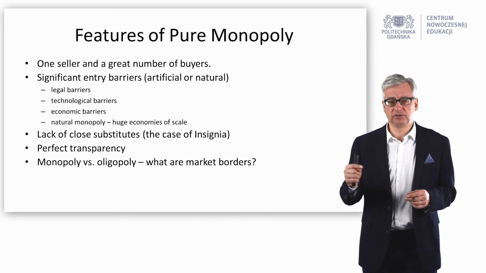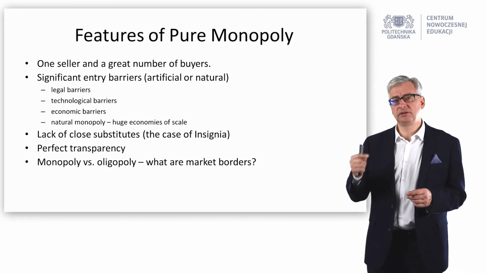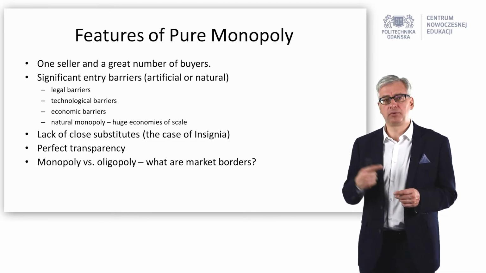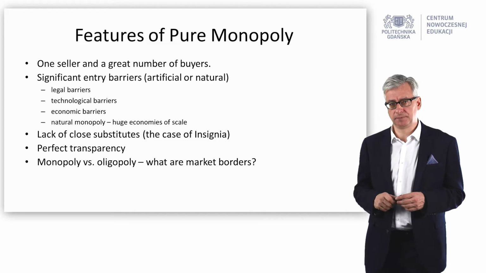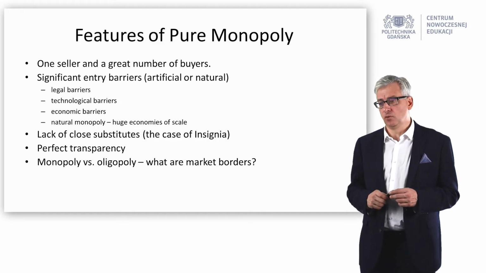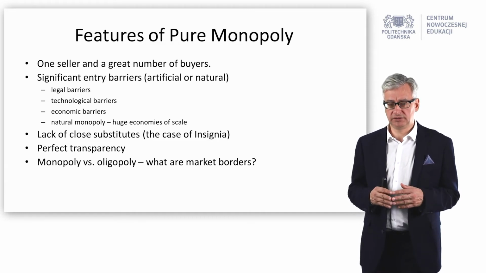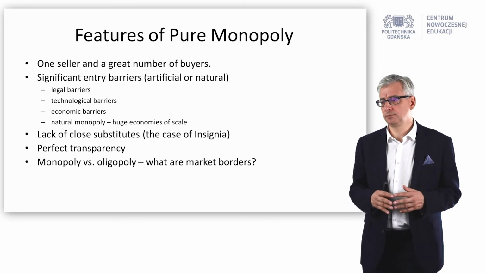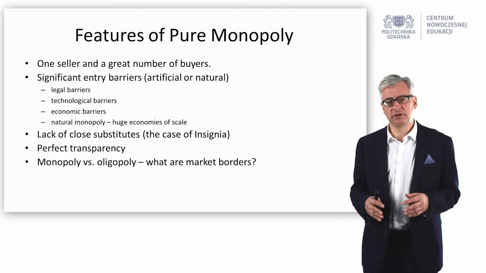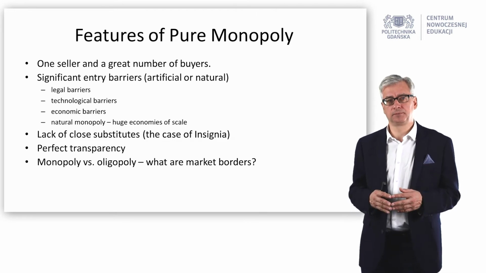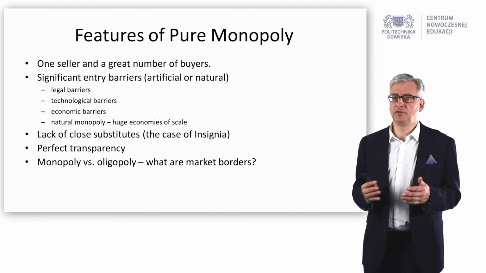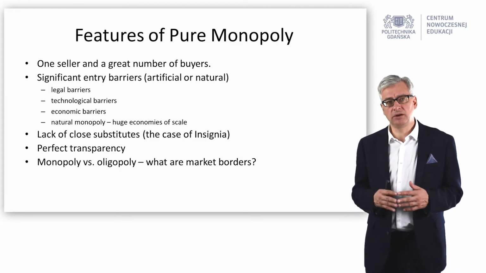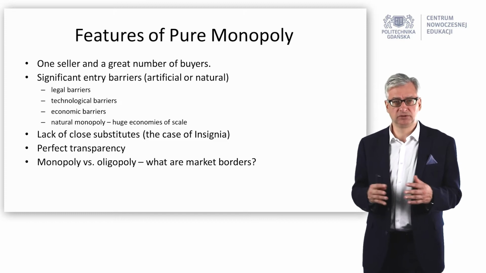So if, for instance, there is one national train company and they operate all the trains in the country, when you look at railway transportation, this company would be the monopolist. But when you think of transportation market, it is one of the major players, but not the only.